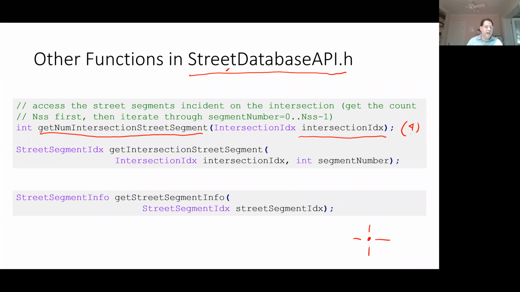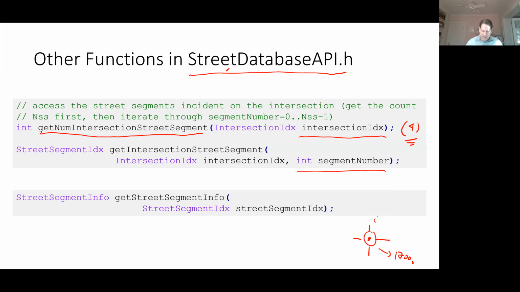And then I can also ask, what is the ID of each one of these street segments? I'm going to show this on the next slide, but basically I pass in the ID of this intersection, maybe 1700, and a small integer. In this case I've got 4 street segments that connect to this, and I know that because I already made the previous call.